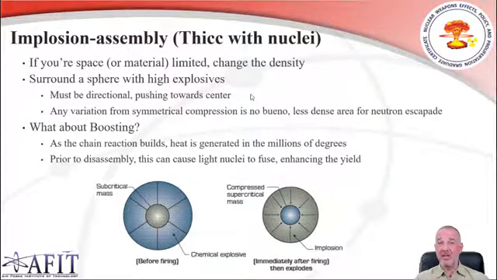So basically all we have to do is take our fusion isotopes, stick them in the middle, and as the fission reaction progresses, we're going to naturally get the temperatures required for fusion to occur, and we'll get those neutrons produced and inserted into one of the later generations of the fission reaction and boost the explosive power of the weapon.